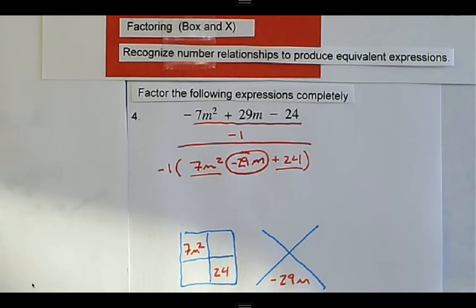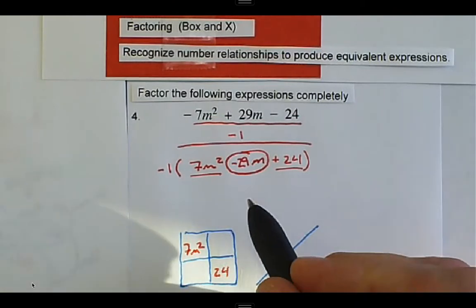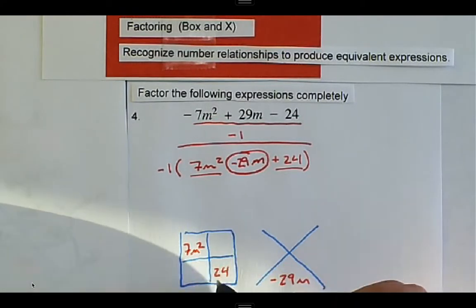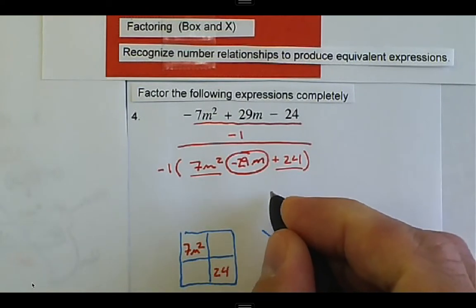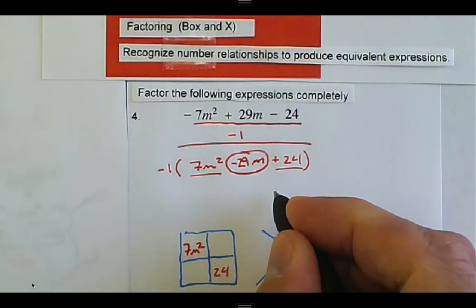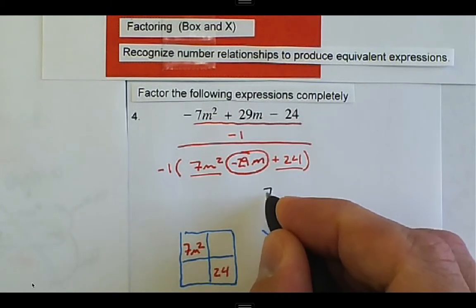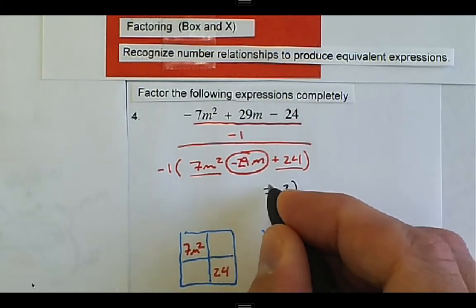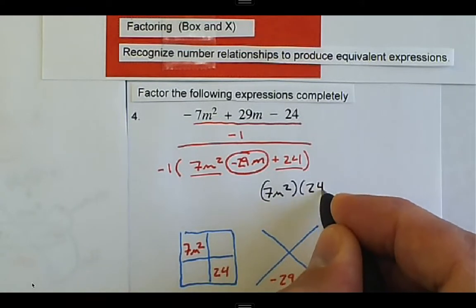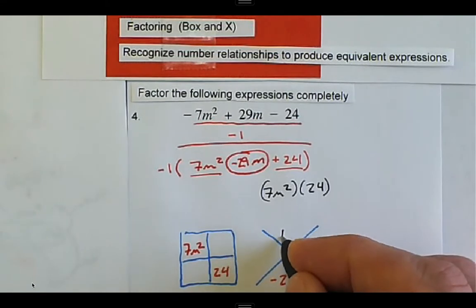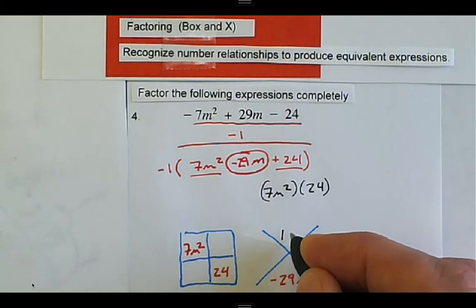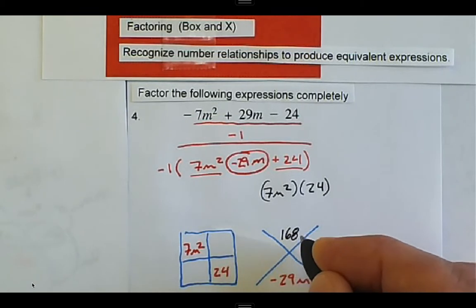The next thing that we have to do is take the numbers that we put in this box over here and multiply them together. So here we have 7m squared multiplied by 24. And if we multiply those together, we get 168m squared.